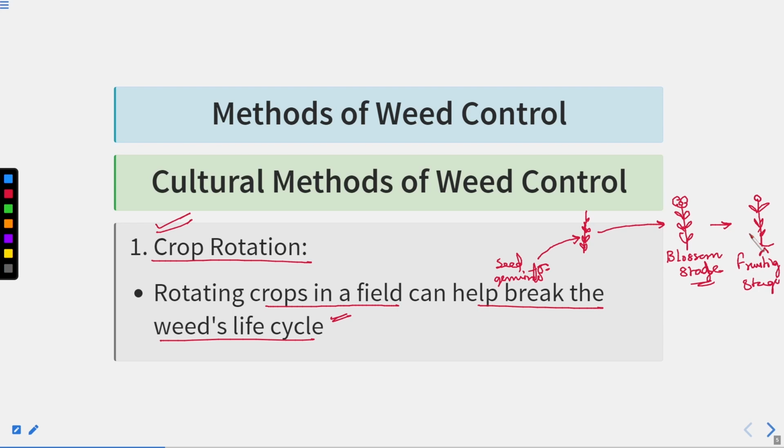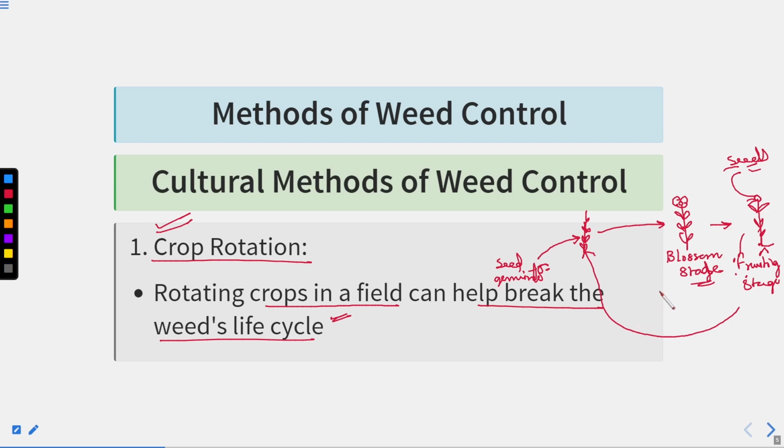And in this fruit, what is there? Seeds will be there. When these seeds are detached from the plant, they fall on the ground and they again germinate and they can give rise to a new plant.